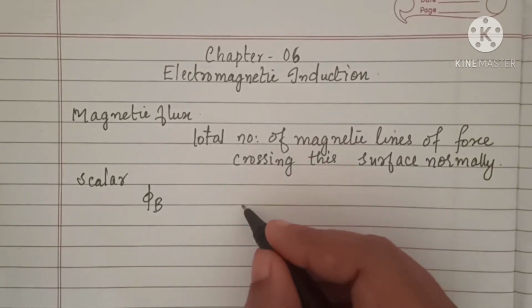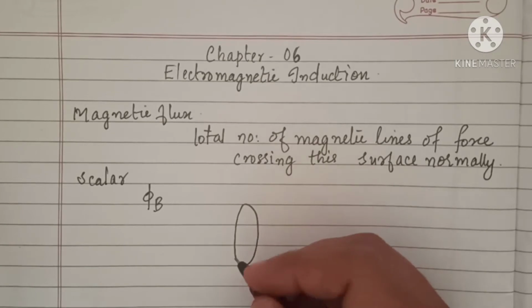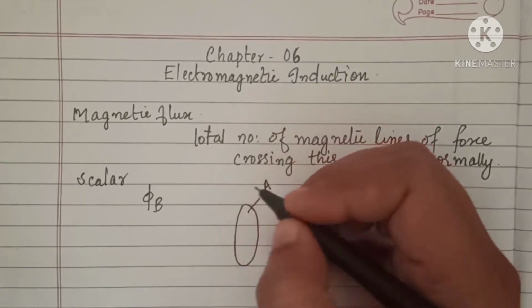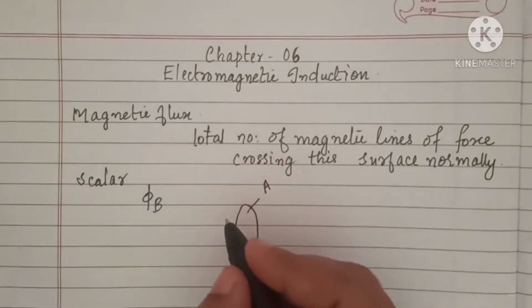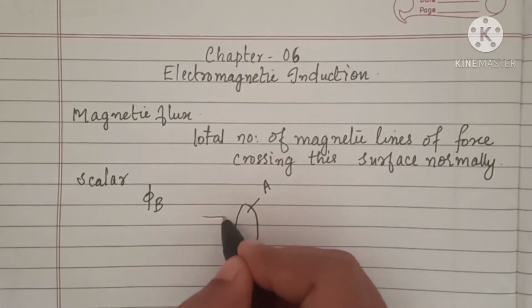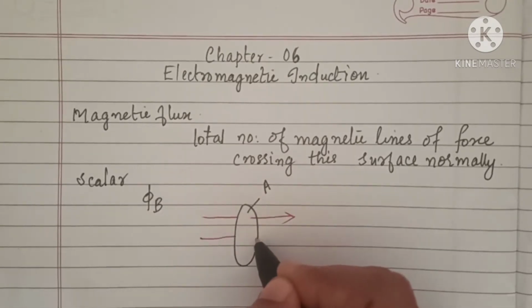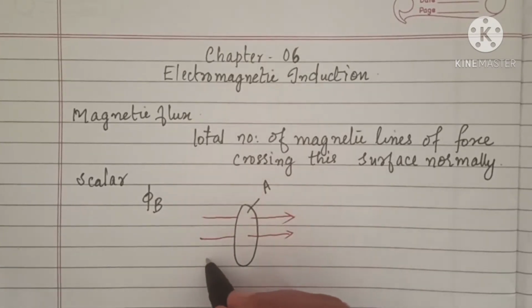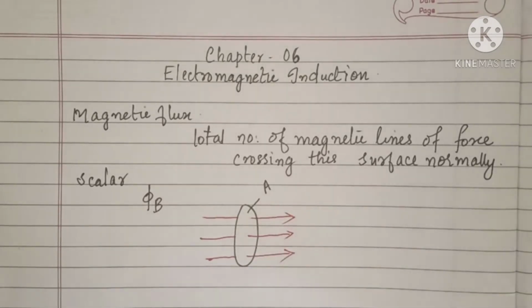Suppose this is the surface I am considering here, having an area A, and a few lines of force are passing through this area like this. If lines of force are passing through this area normally, we can write the expression for magnetic flux.